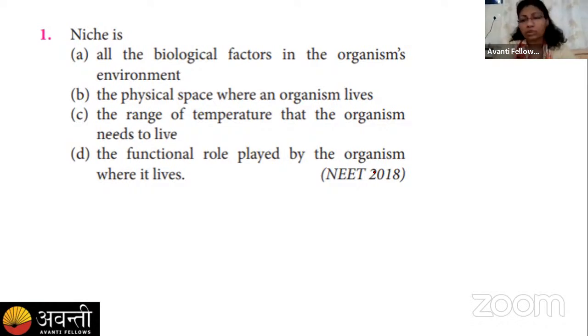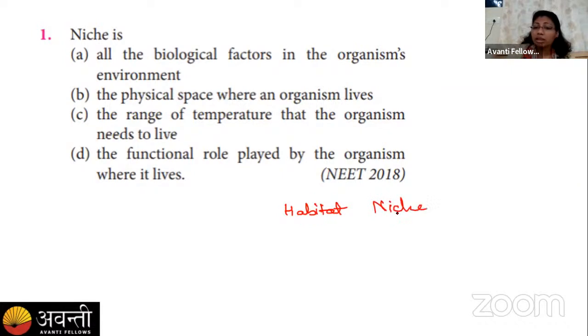Because both of them are present in the same geographical region, and in both places the organism lives. But the main difference between habitat and niche is that the habitat is a place where an organism lives, where it survives. But niche is a place where it performs work, where it performs its functional duty.